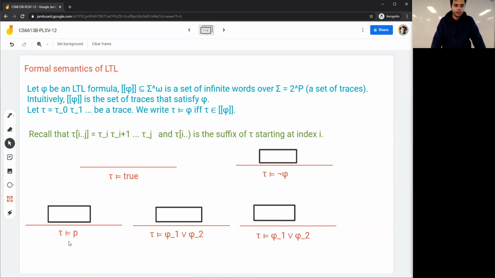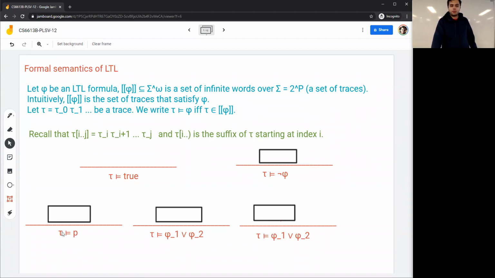Now let's look at this one. When I say that tau satisfies an atomic proposition P, before I told you that when we just use a proposition without any temporal operators, what we mean is that this proposition should hold at time 0.